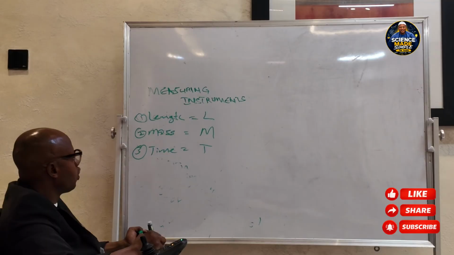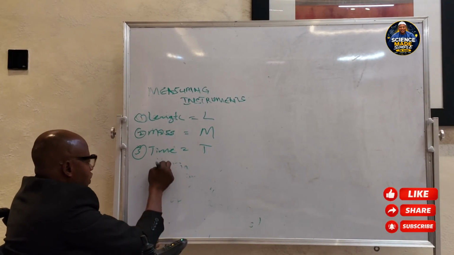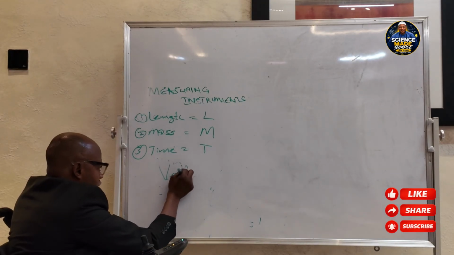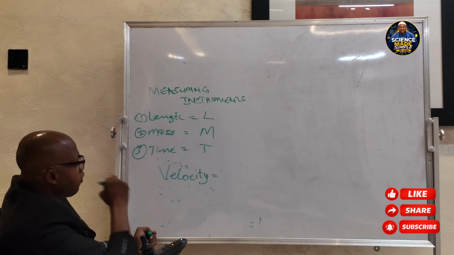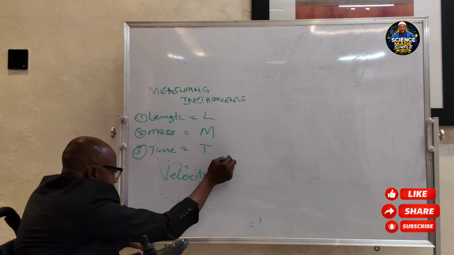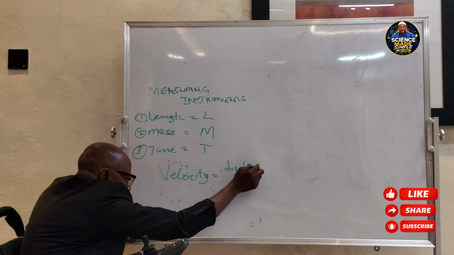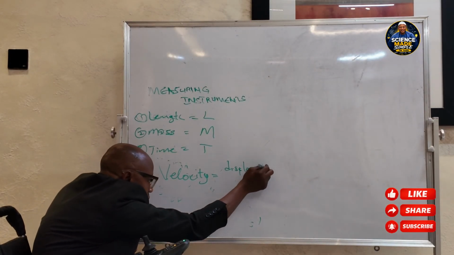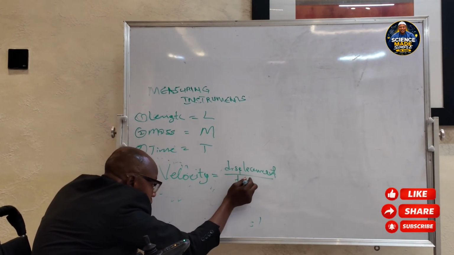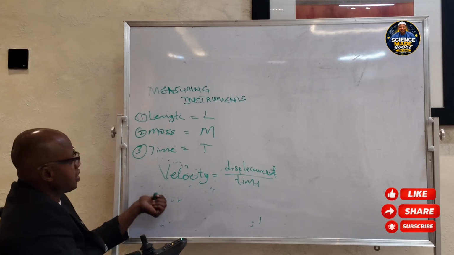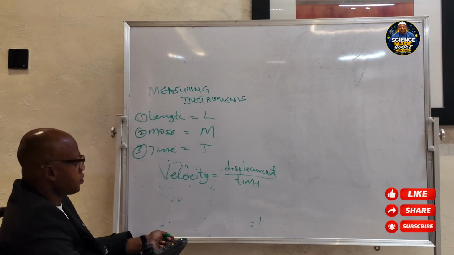Now, if we want to get the dimension of velocity. Velocity is the rate of change of displacement with time. That is, velocity is displacement over time.